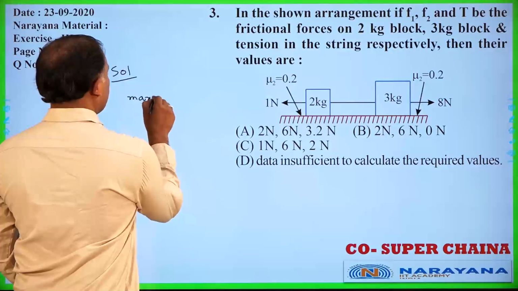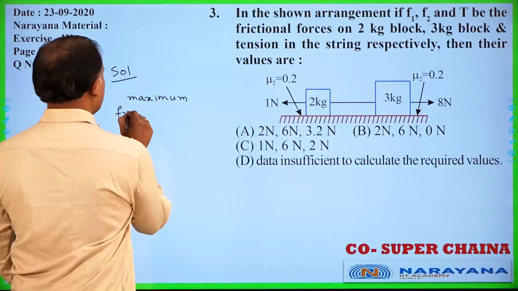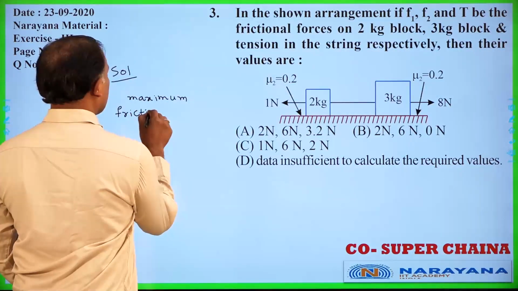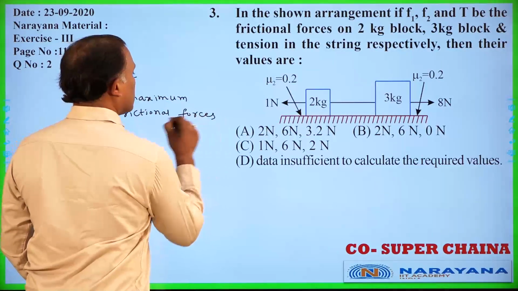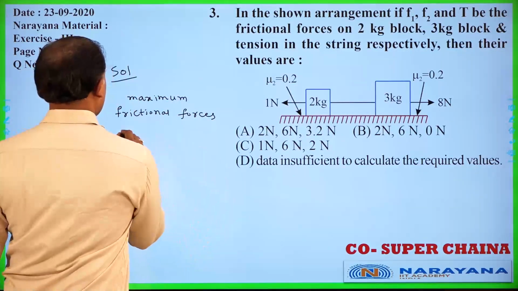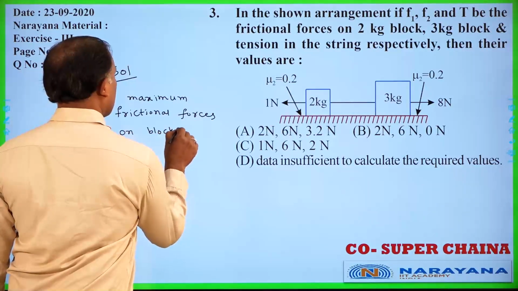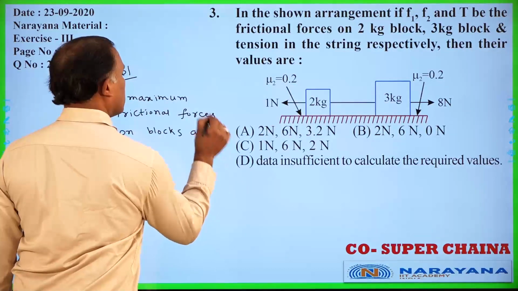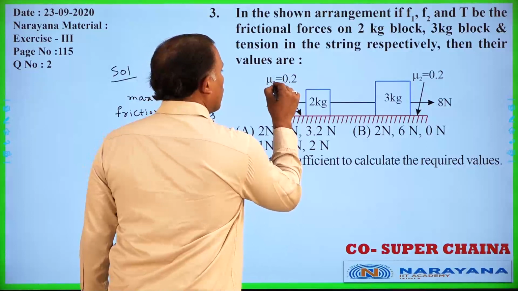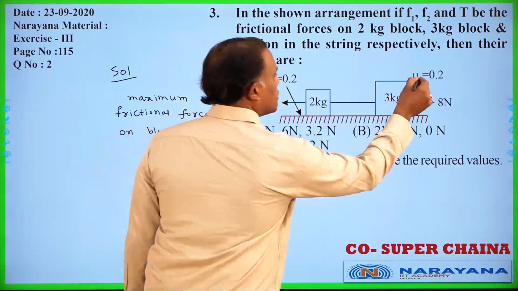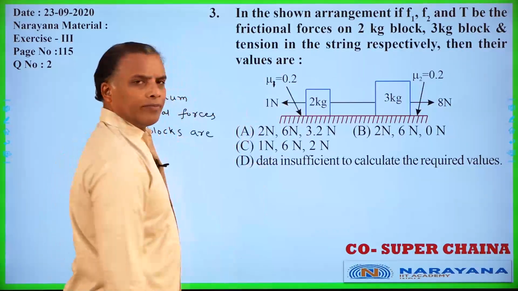Maximum frictional forces on blocks are as follows. Let this be mu1 for our convenience and this mu2. Here this is 8 Newton and this is 1 Newton.